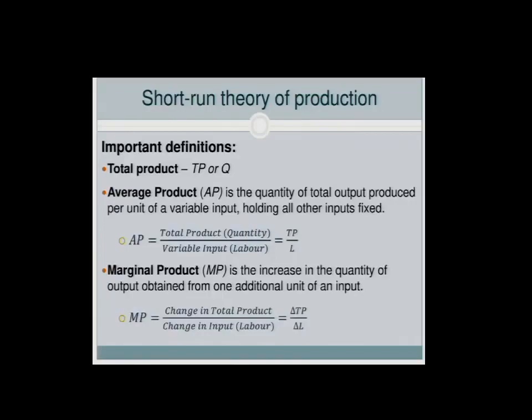But variable input could be oil used in production, or rubber used in the production of, let's say, laptops or tablets. Marginal product is just the output of the next person added in the production of this good.